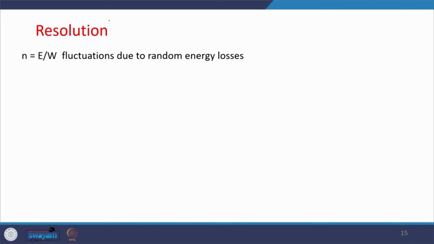Now, let me discuss the concept of energy resolution, one of the important properties of detectors. See, if the incident energy is E, and the energy required to produce one electron hole pair or one electron ion pair is W, you can find out the number of charge carriers.